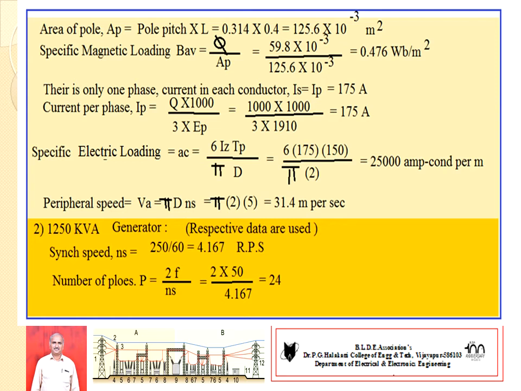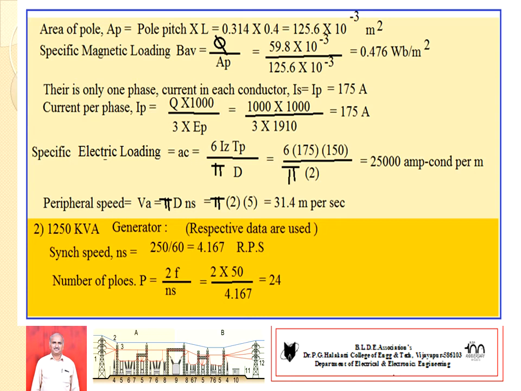So, current per phase equals kVA rating in volt ampere divided by phase voltage. So, Q into 1000 divided by 3. This is kVA rating in volt ampere per phase. Then divide by EP, phase voltage. So, we are going to get 175 ampere.